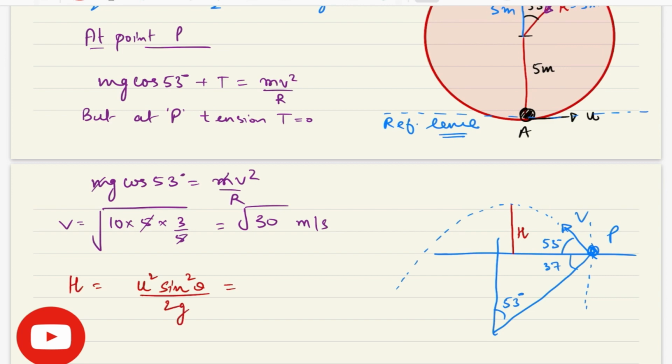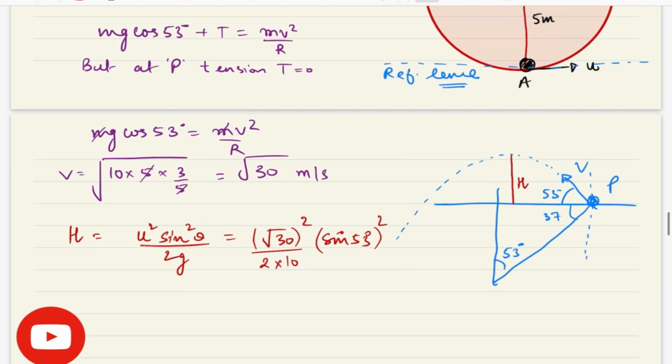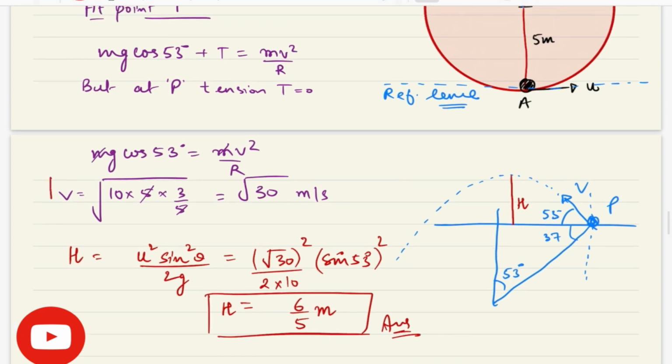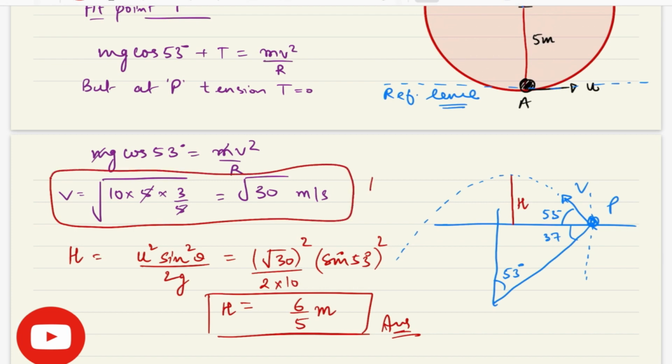So it comes out to be u square, which means root 30 square, over 2g equals 10, times sine square theta, the value of sine of 53 degree square. When you put the value, you will get 6 by 5 meter. So this is the height achieved further by the particle from point P. In this way we calculated the velocity as well as the further height achieved.